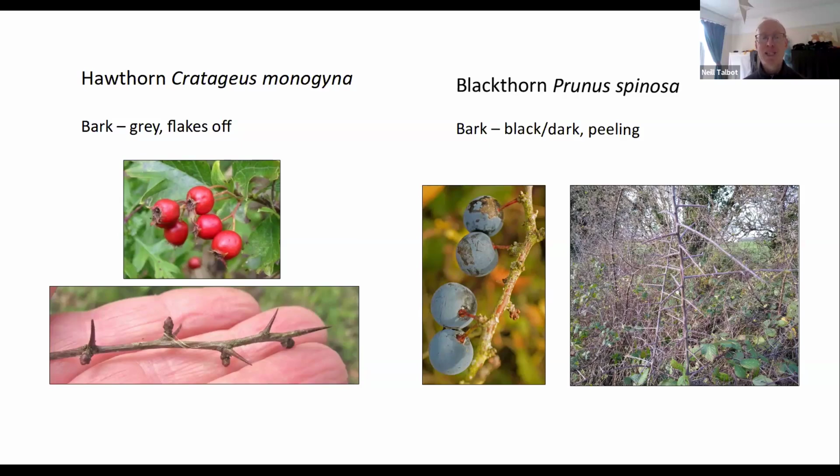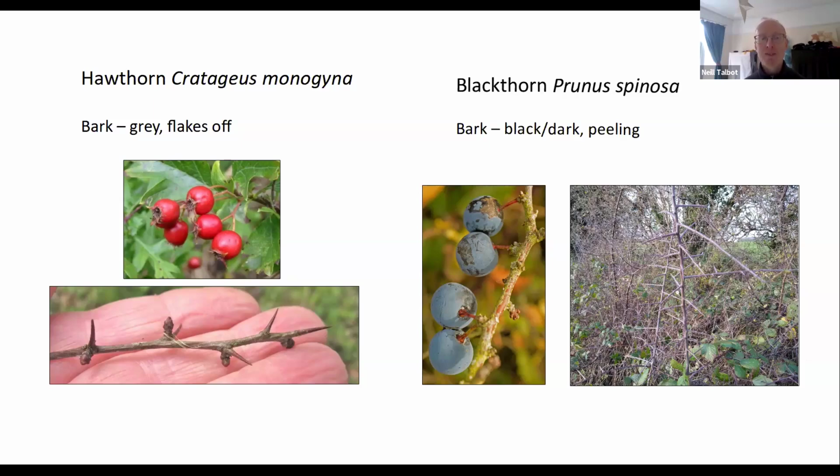Something I forgot to mention earlier on the bark slide was that you have to be a bit wary about the tree species for the age. The age of the tree will affect what the bark's like.